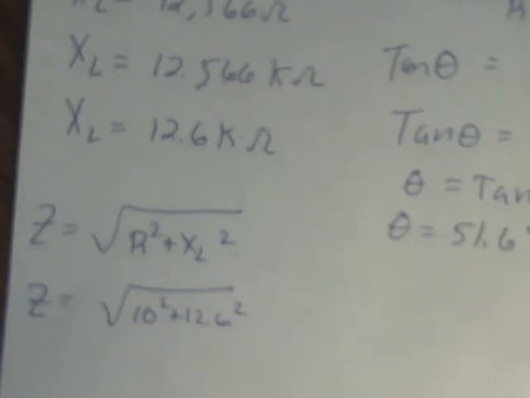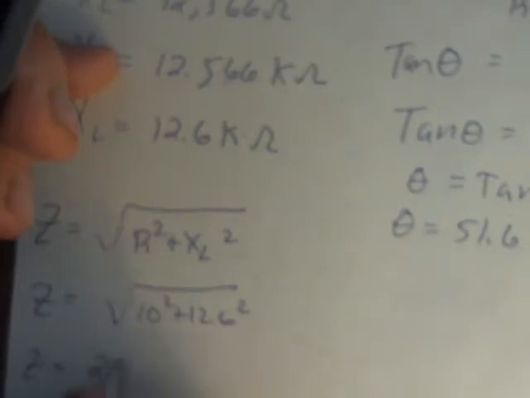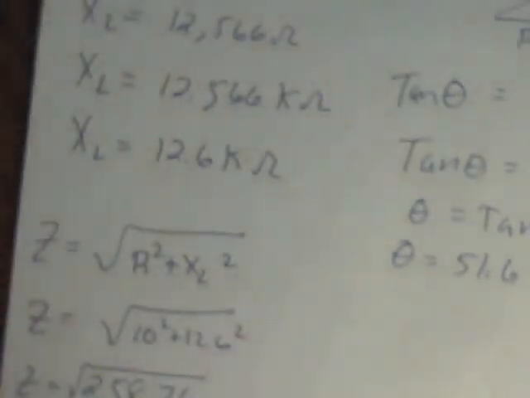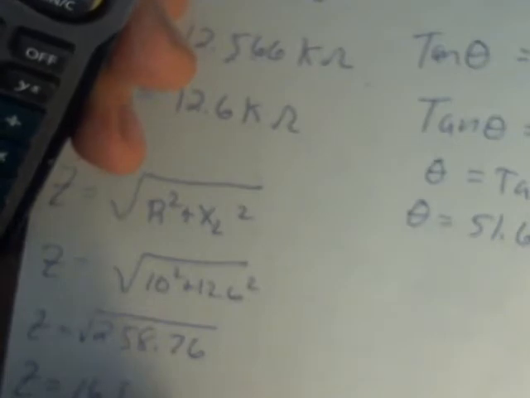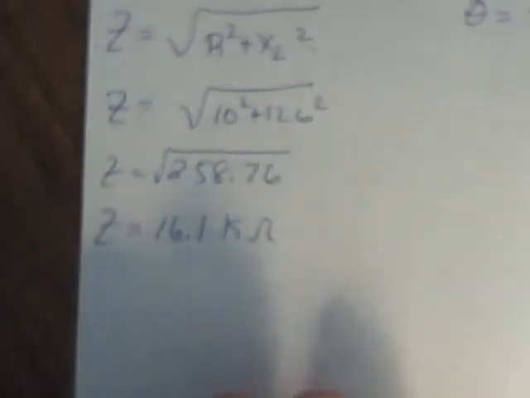So I get the square root of 258.76. Take the square root of that, and I get 16.1. And again, that's K ohms. So I've moved through. I've covered my impedance triangle.